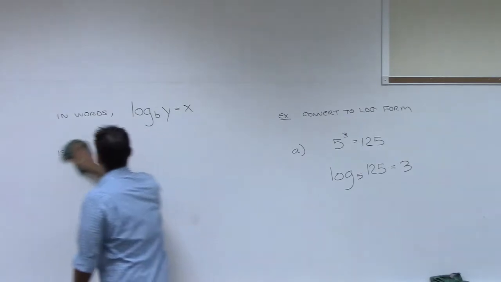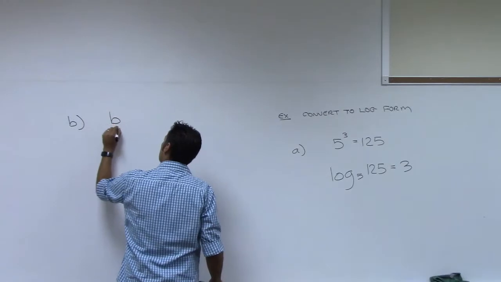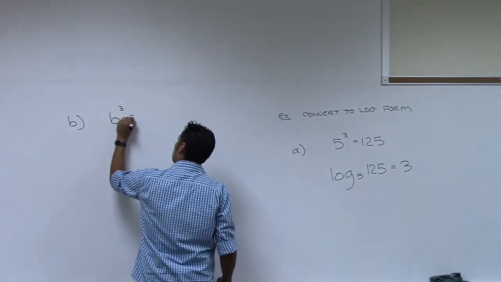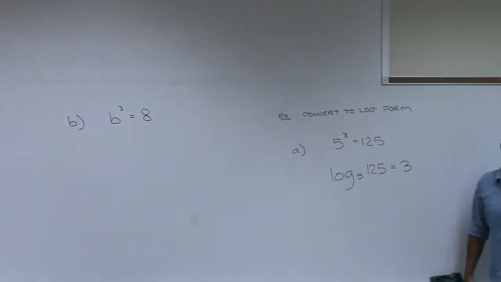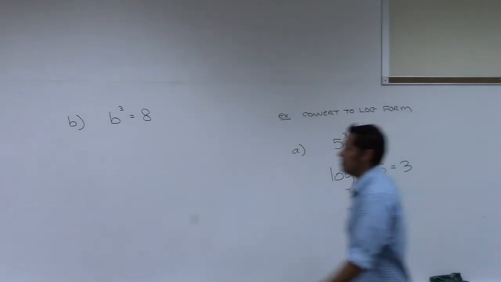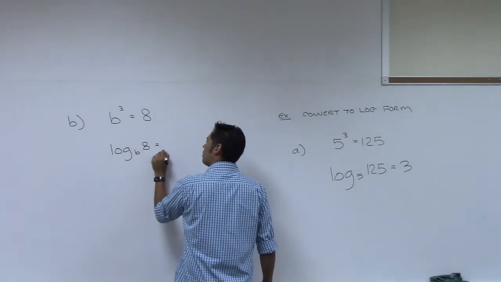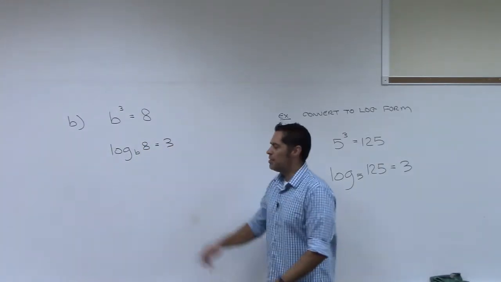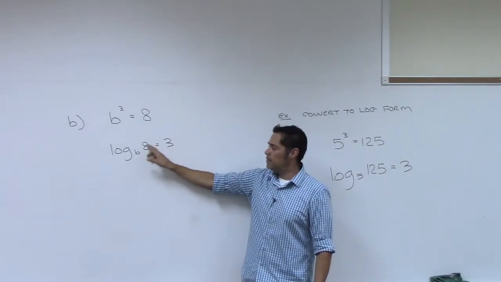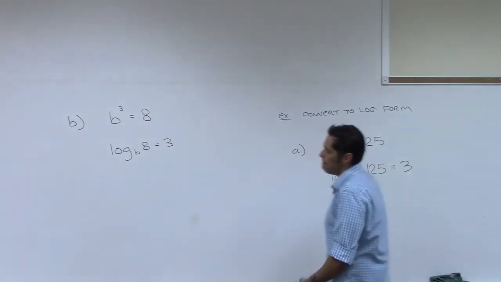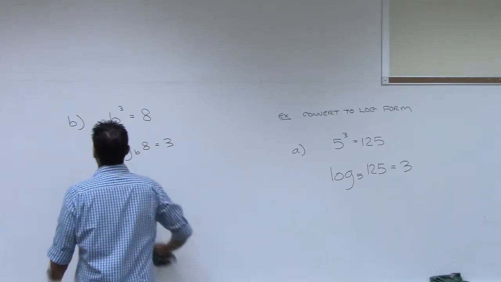Let's do another one, part B. How about b raised to the 3 equals 8? How would I write that in log form? Log base b of 8 equals 3. So this is saying b to what power gives you 8? All right, let's do this one.